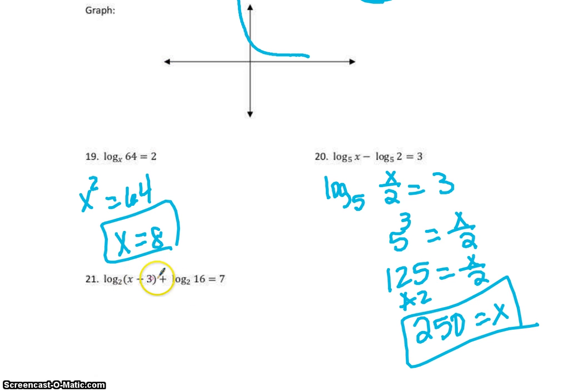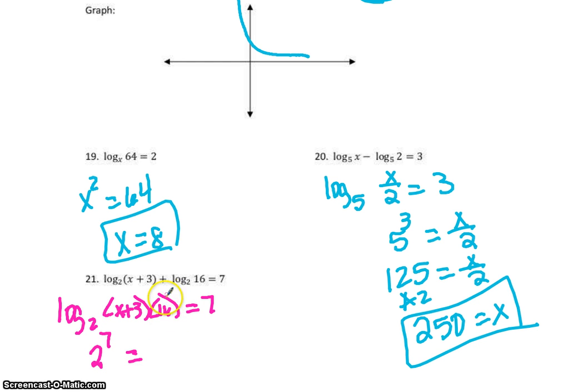Looking at 21, addition becomes multiplication. So this becomes log base 2 of x plus 3 times 16 is equal to 7. Once again, you only have log on one side, so you're going to have to rewrite it in exponential. So it becomes 2 to the 7th is equal to x plus 3 times 16.